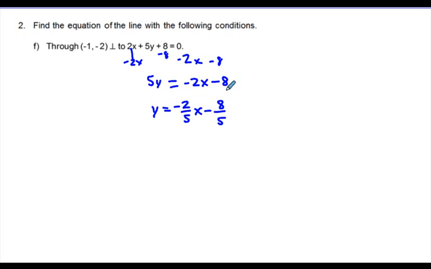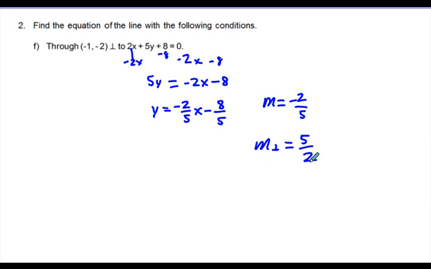So that's going to be our slope-intercept form. So our m is going to be equal to -2/5. Now, in coordinate geometry, the perpendicular line to this, with the slope of -2/5, has the negative reciprocal. So the m of our perpendicular line here is going to be 5/2.